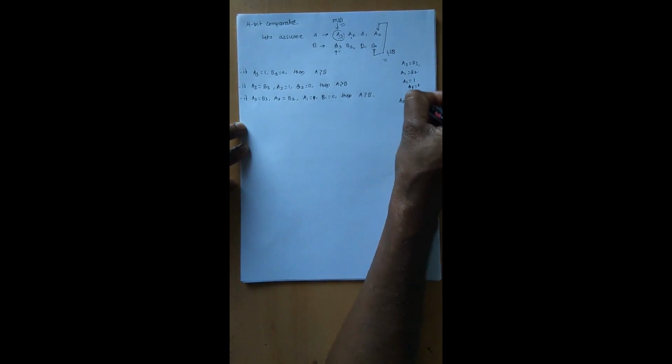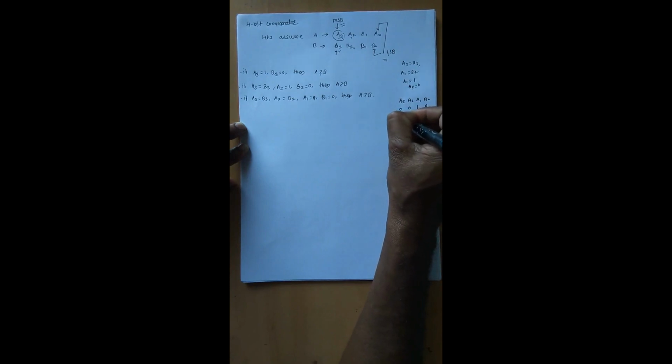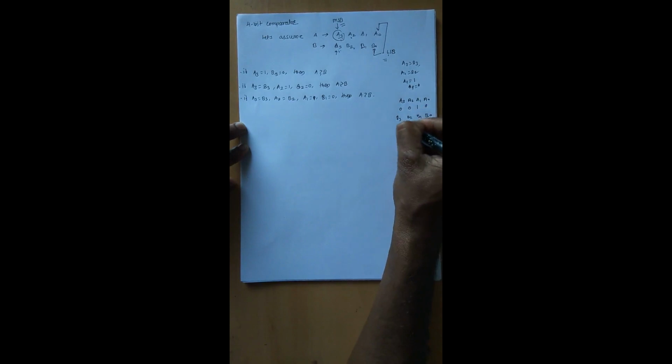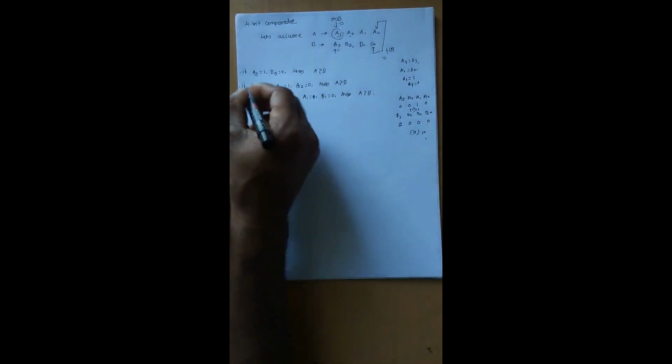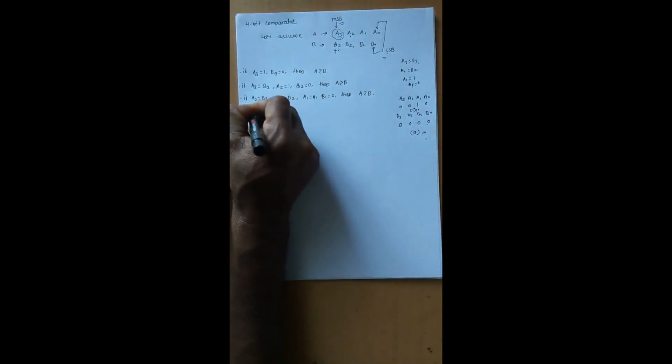Let's take one example. A3, A2, A1, A0 is 0 0 1 0, and B3, B2, B1, B0 is 0 0 0 0. What is the value of this? It will be 0, and what is the value of this? It will be 1. So A is greater than B. Okay, if these possibilities are not there, then what will be the next possibility?